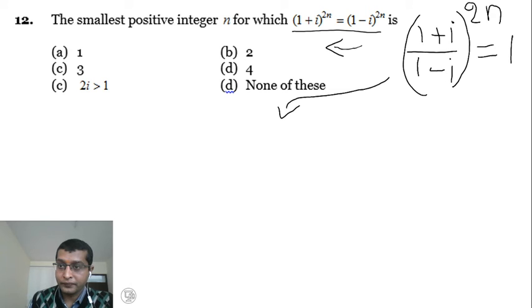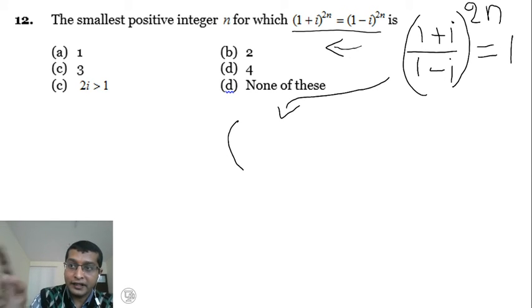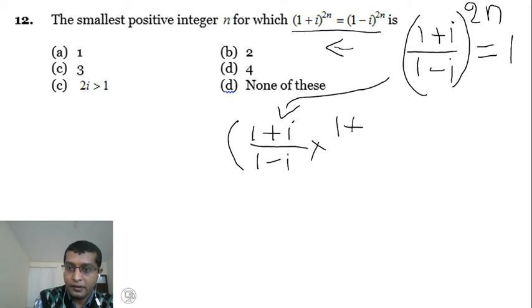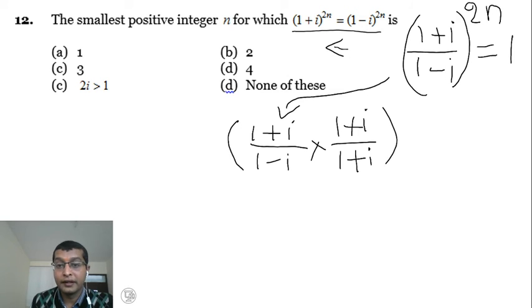So I take the complex number (1 plus i) divided by (1 minus i). You know what the next step is, it is very simple, we have to rationalize the denominator. I am not taking 2n now. It is (1 plus i) divided by (1 minus i), and its conjugate is (1 plus i) divided by (1 plus i). The numerator is in the form of (a plus b) whole square.